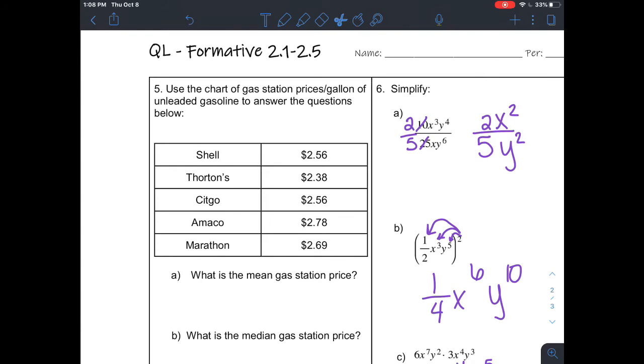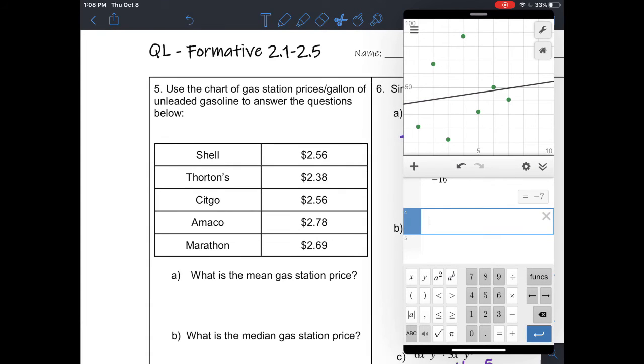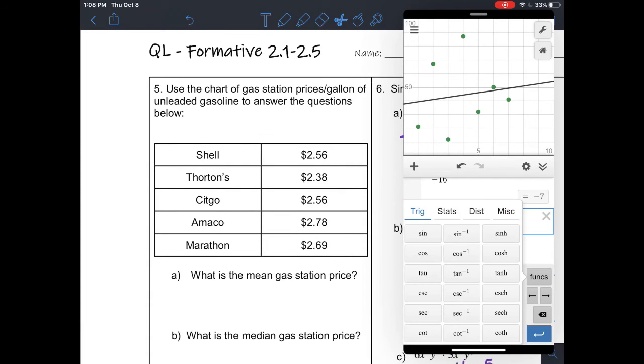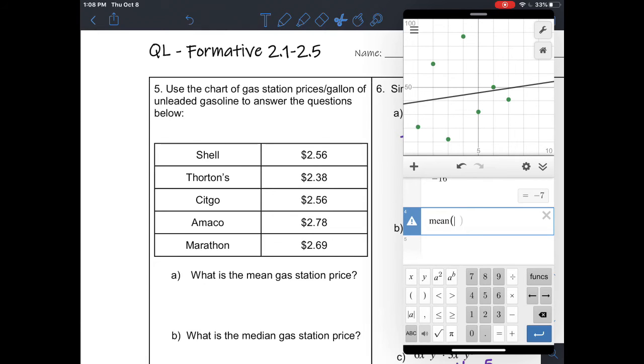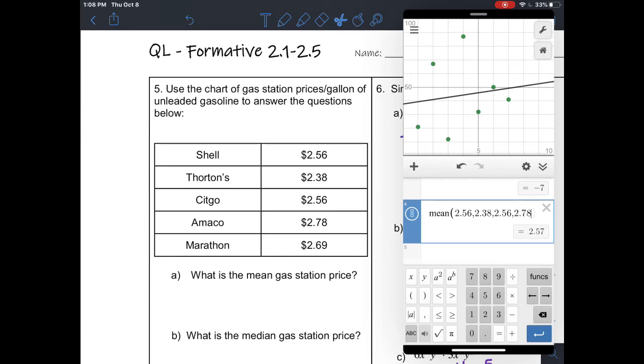You can either use Desmos to find the mean. Remember, it's function, stats, then mean, and I can go 2.56, comma, 2.38, comma, 2.56, comma, 2.78, comma, 2.69. And I can find my average that way.